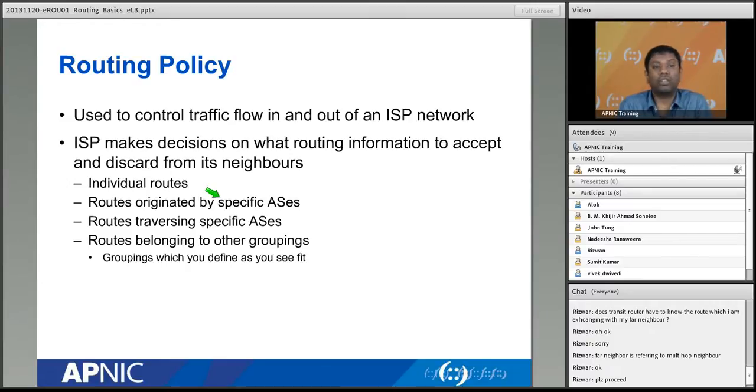This sort of filtering can give you a scaling option, because in a single autonomous system you can have a number of prefixes. Some prefixes are originated, some prefixes are transiting via. So if the policy looks into individual prefixes, it will be a scalability issue, because in a bigger environment, normally an ISP deals with so many prefixes, right?